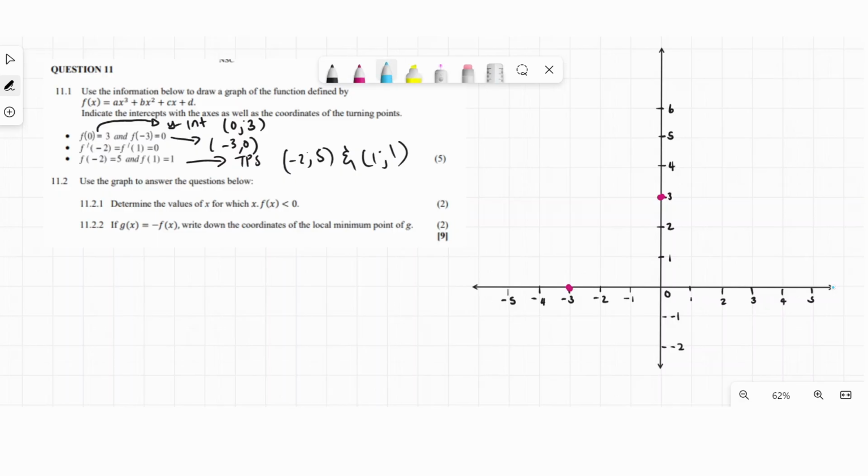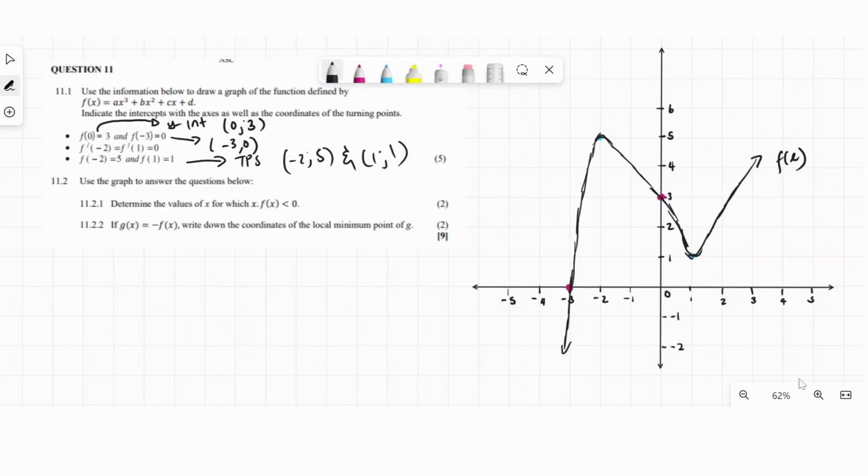The first one is (-2, 5), so -2 is here and 5 is here. The other one is (1, 1), which is here and here. Then let's connect everything together. I'm going to start here at the turning point, going like this. We know that the blue part is the turning point, so it needs to curve, and that's basically f(x).